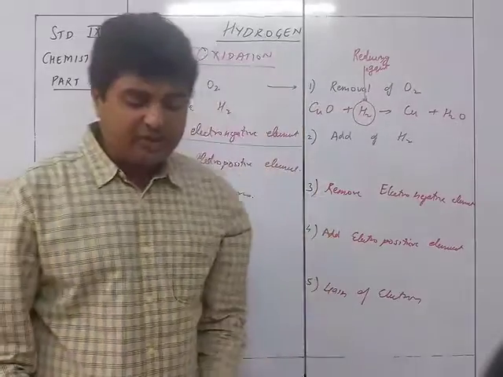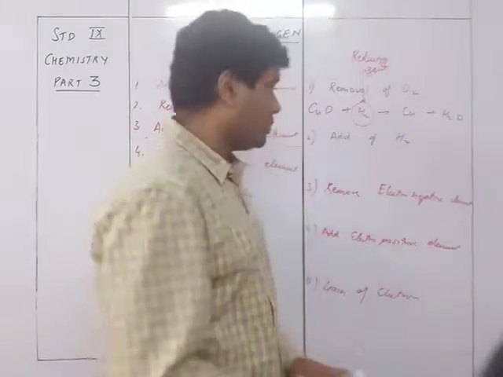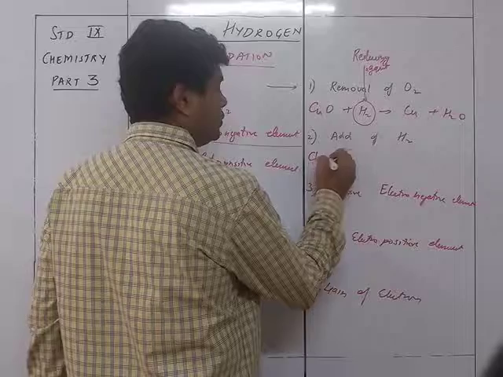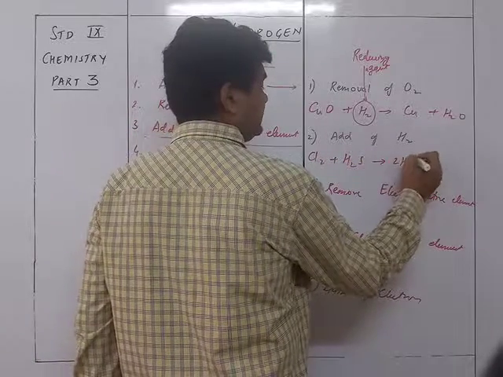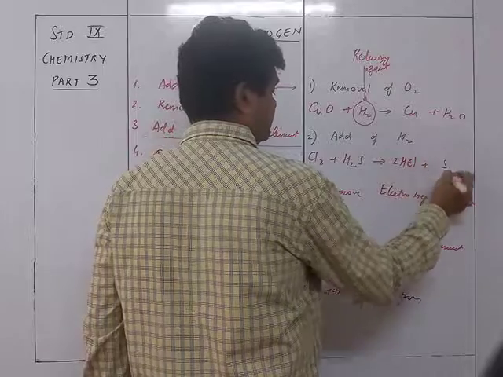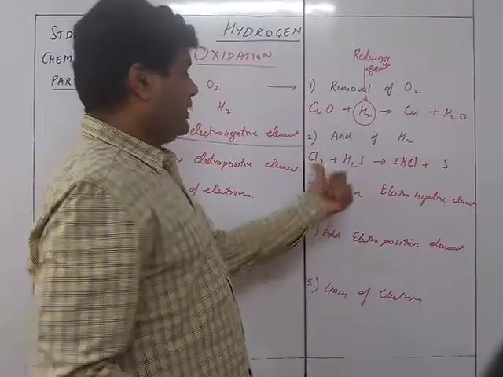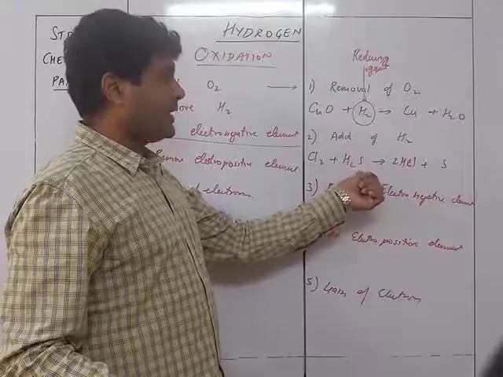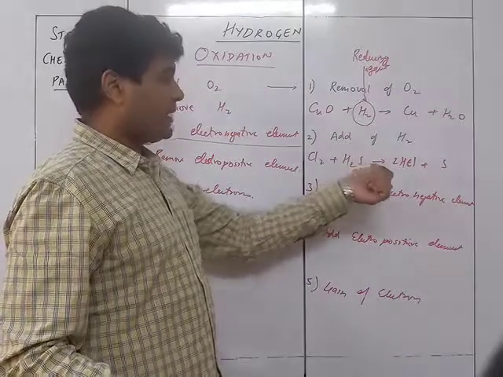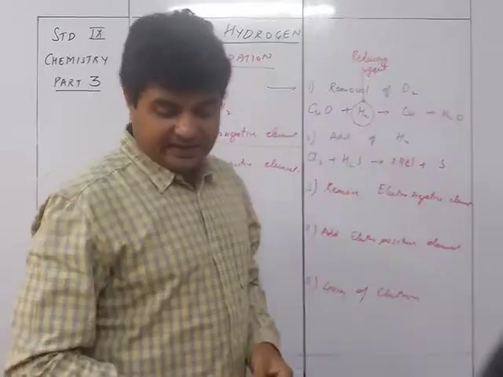The next is addition of hydrogen to a compound, so we can take Cl2 plus H2S giving 2HCl plus S. Here you can see that hydrogen is added to chlorine, so H2S becomes the reducing agent and the reduced product is HCl.